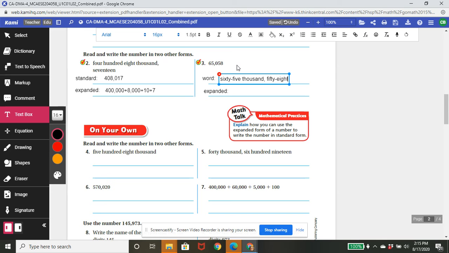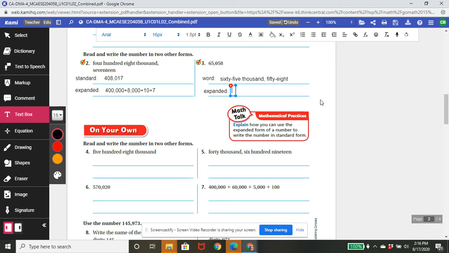Now, if you don't know how to spell all of the numbers, that's fine. Sound it out. Do the best that you can. I'm looking for if you know how to say it, not how to spell it. If you want to look up how to spell it, that's totally fine. But don't worry about spelling it right, just as long as I can read it and know what you meant.